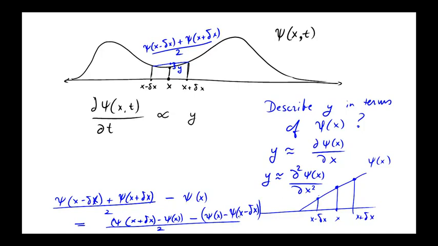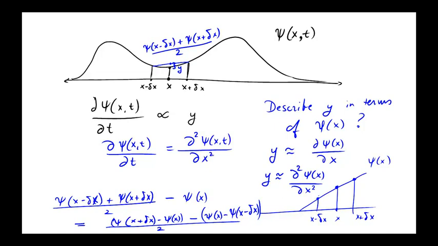And so what Schrödinger's equation says is that the rate of change of psi with respect to t is proportional to, since I don't care about constants in this particular lecture, I'm just being very imprecise, I'll just say it's equal to the second derivative of psi with respect to x.